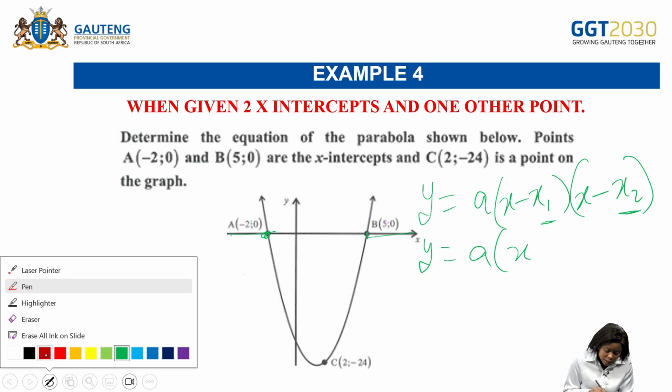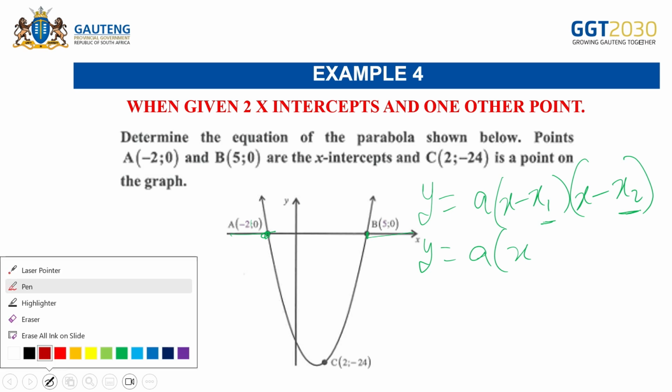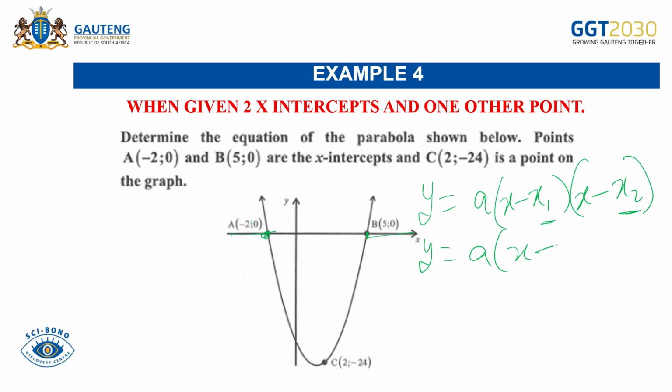Where I get x1, I am going to substitute negative 2. It comes with a negative.